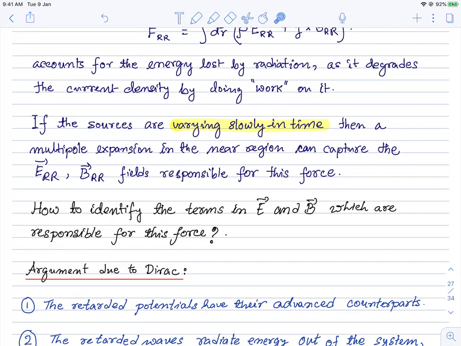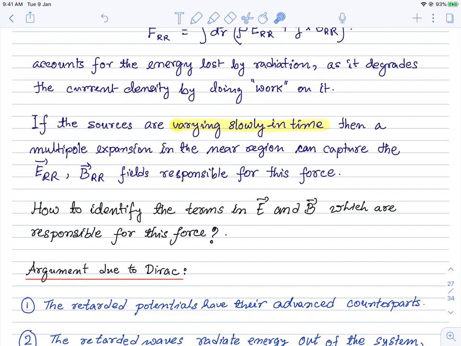But it cannot happen just arbitrarily. As we see, for radiation there's an arbitrary number of electric and magnetic field terms. If we do the multipole expansion, there are many terms in the electric and magnetic fields, and not all those terms actually contribute to radiation. Only some terms contribute to radiation, those that have a specific fall off.